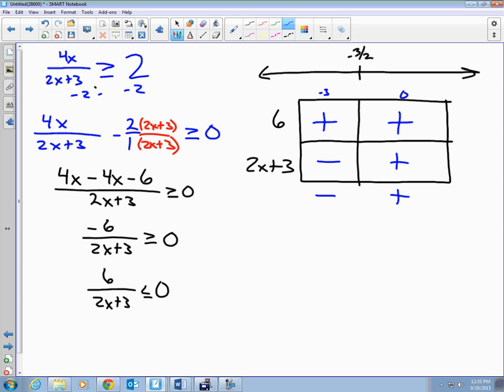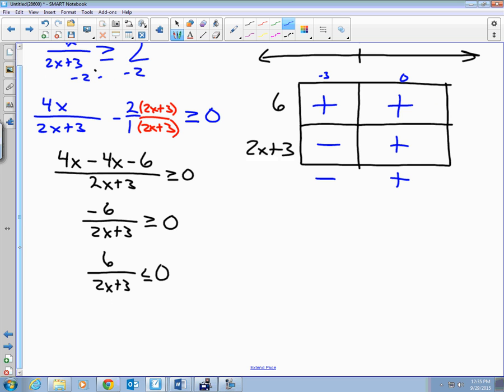This is asking me, where is it positive or where is it negative? Which one is it? It's asking me, where is it negative or equal to 0? So my solution set will be from negative infinity to negative 3. Parenthesis or bracket around negative infinity.